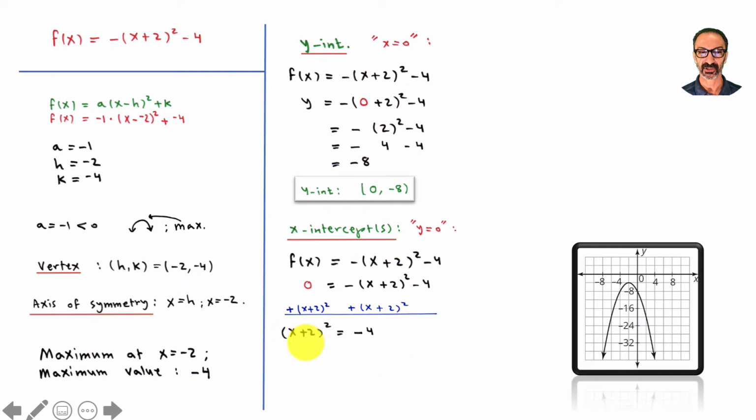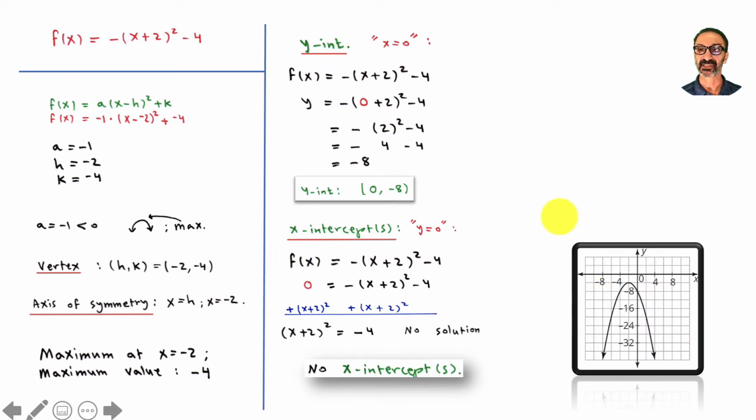Now I have x plus 2 to the second equals -4. But nothing that you could square will give you negative, so that doesn't have a solution. You can't find a number, multiply by itself, and get negative number. So no x-intercepts, as the graph shows.